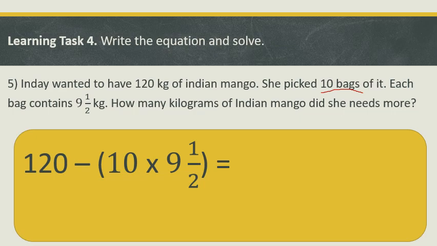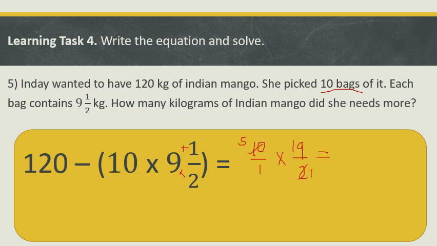Okay, so multiply muna natin yung 10 and yung 9.5. So, ang 10 magiging 10 over 1 times yung 9.5 ay gagawin natin improper. So, 2 times 9 is 18 plus 1 is 19 over 2. So, may common factor ang 10 and 2. So, ito po ay pwedeng i-divide sa 2. So, 10 divided by 2 is 5. 2 divided by 2 is 1.